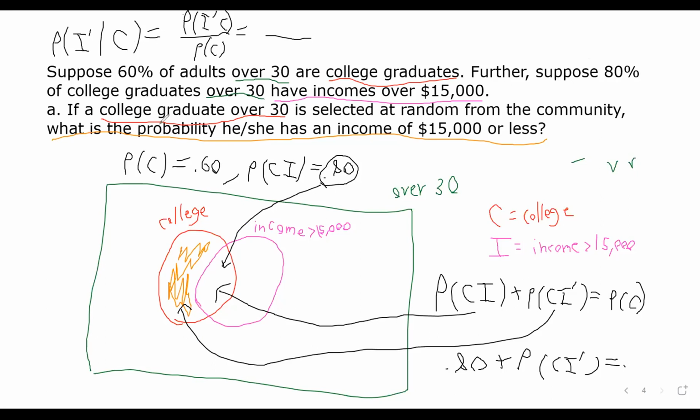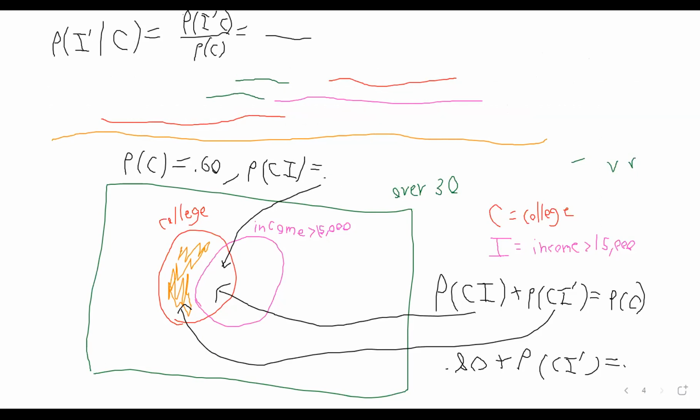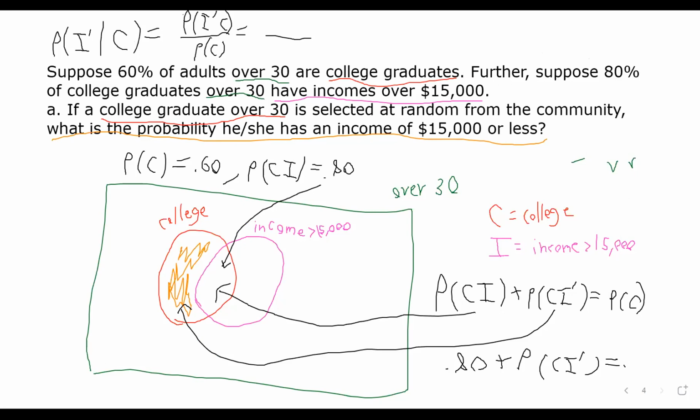Suppose 80% of college graduates over 30 have incomes over 15,000. So 0.60 is the odds of someone being a college graduate, and 80% of that has incomes over 15,000.